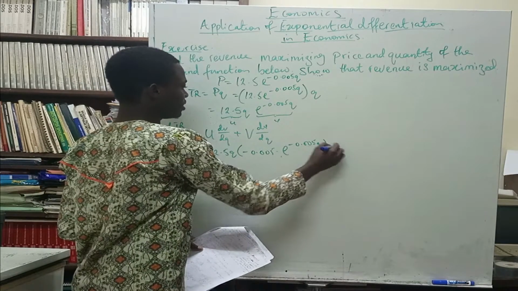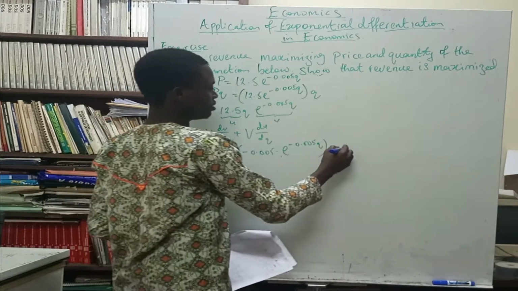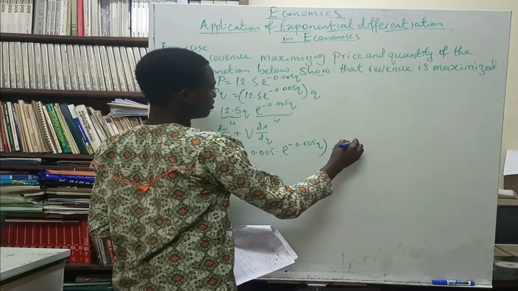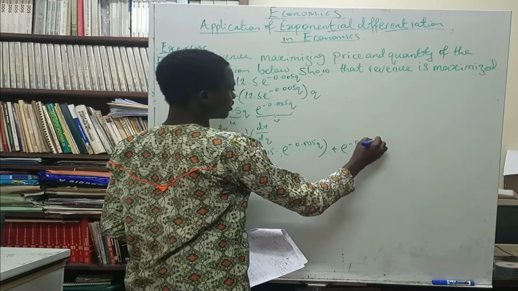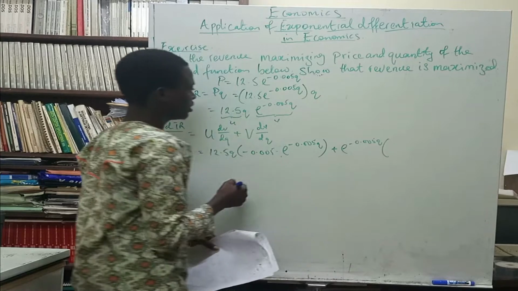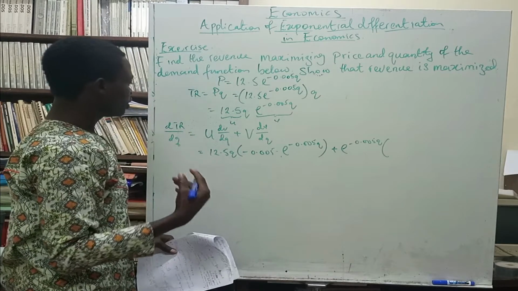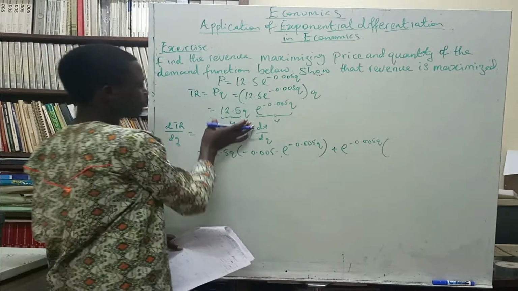Then plus V du/dQ. V is e raised to minus 0.005 Q, and du/dQ is 12.5.